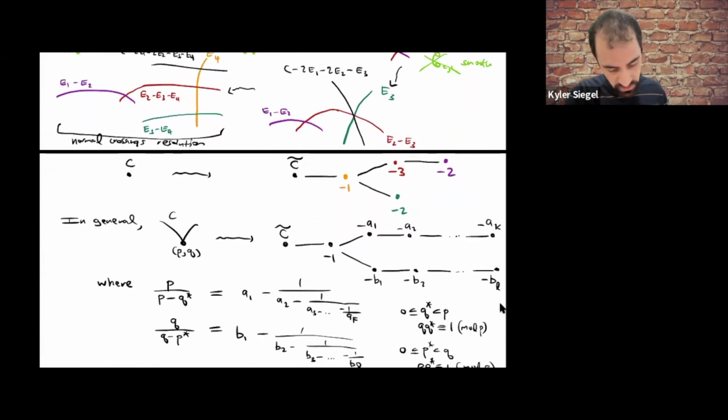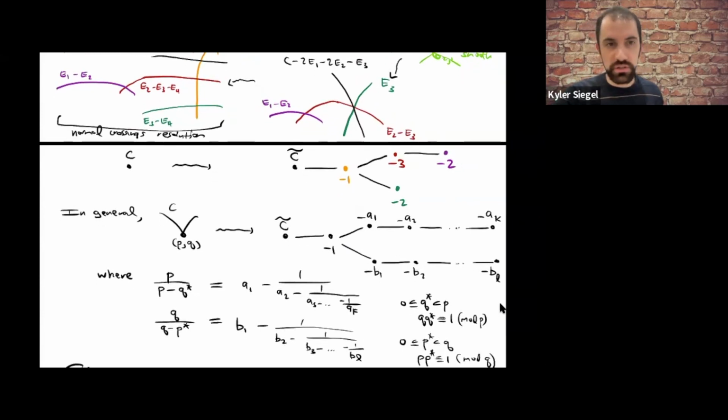Specifically, these are given by the coefficients of the negative continued fraction expansions of not quite P over Q, but some fractions which are derived from P over Q. So Q prime is basically the inverse of Q mod P, and P prime is the inverse of P mod Q. So they're given by these conditions here.